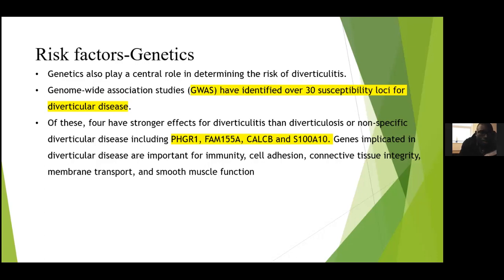Among them, about 4 are known to predispose one to diverticulitis. These are the PHGR1, FAM155A, CALCB, as well as S100A10 genes. These genes are also important in cell adhesion, immunity and membrane transport, among others.